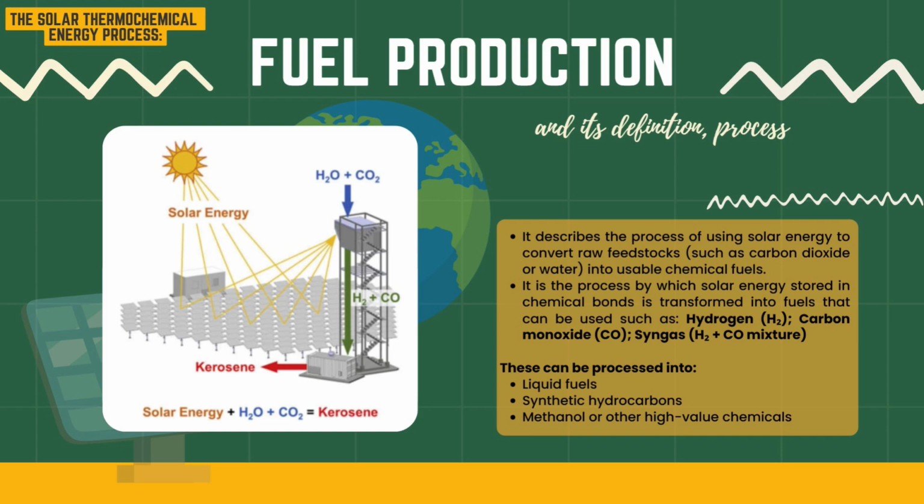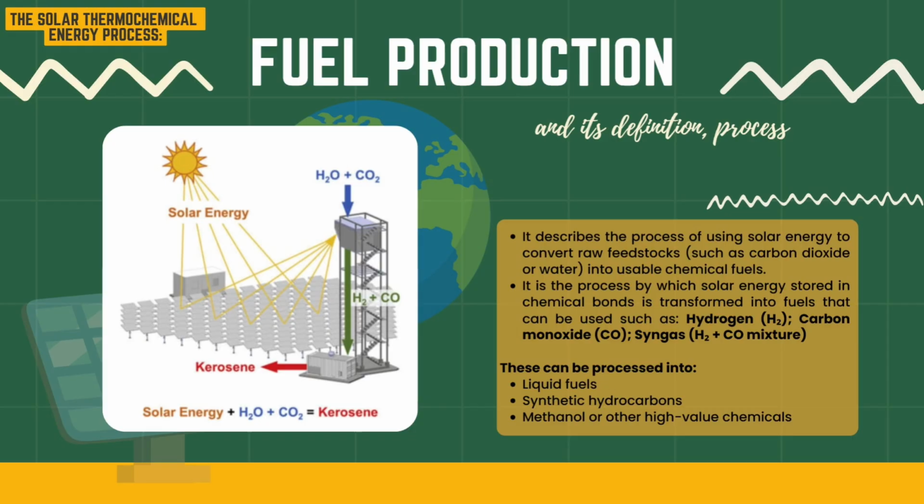Next, the fuel production. In this stage, solar heat is transformed into chemical fuels. Water and CO2 become hydrogen, carbon monoxide, or syngas. These fuels can later be processed into methanol or synthetic liquids. Fuel production describes the process of using solar energy to convert raw feedstocks such as carbon dioxide or water into usable chemical fuels.